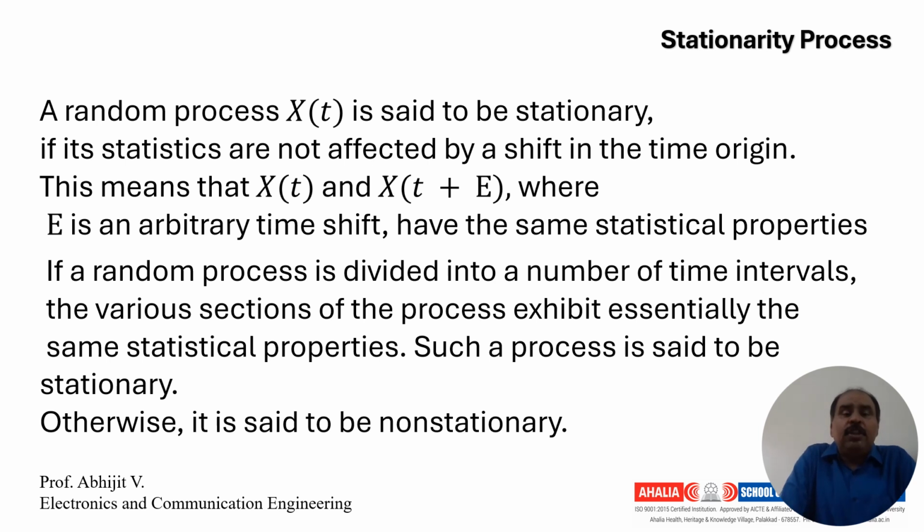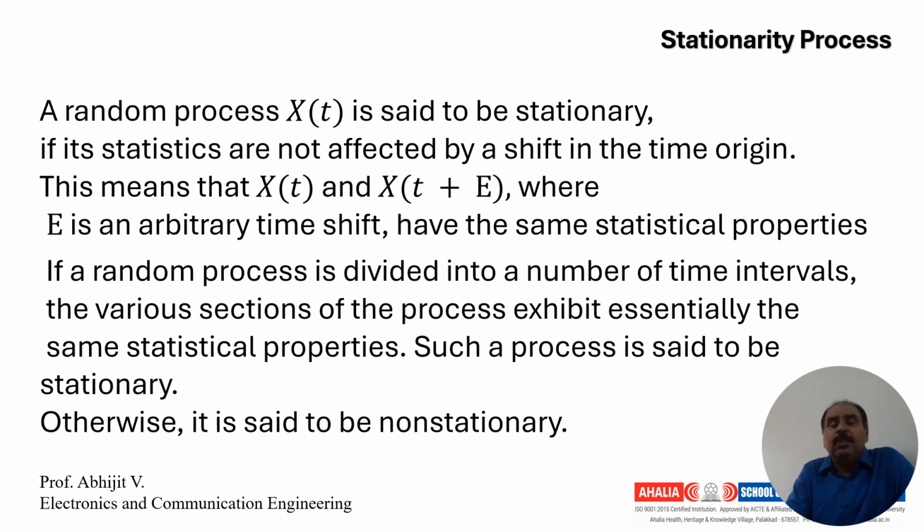A random process is said to be stationary if it does not get affected by the shift in its time origin. This means that a random process or a stochastic process x of t and x of t plus e, where e is an arbitrary time, will have the same statistical properties.